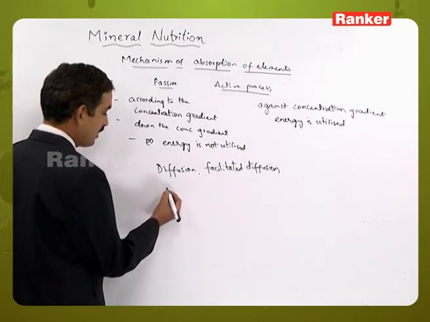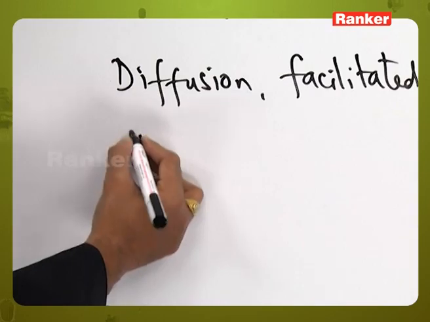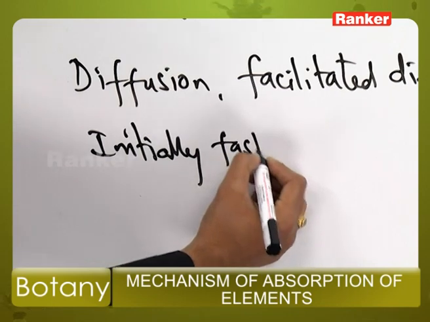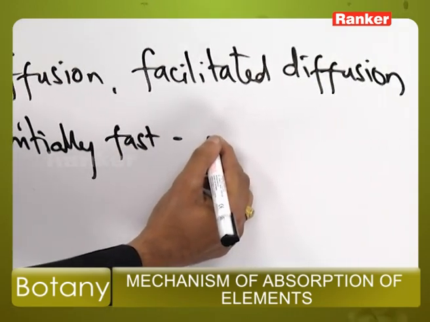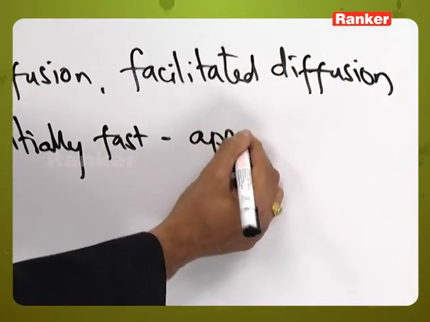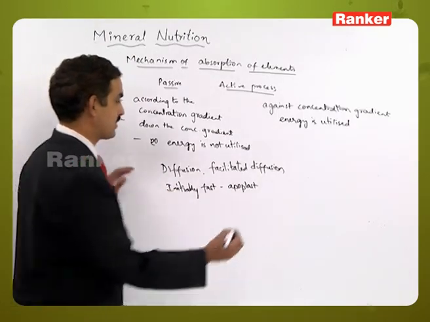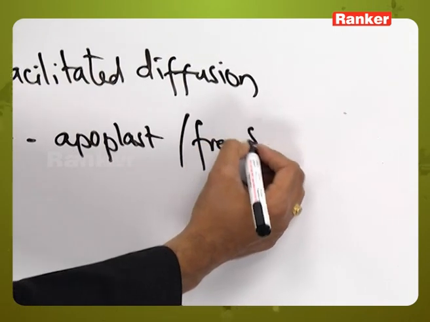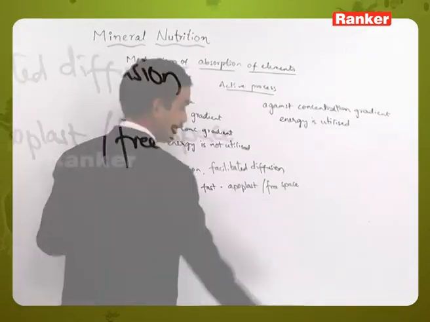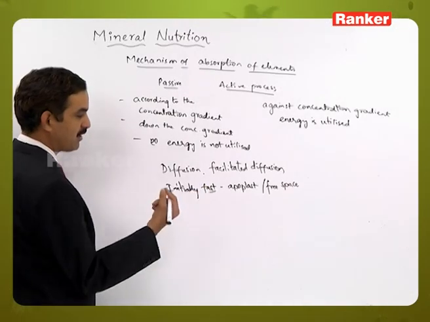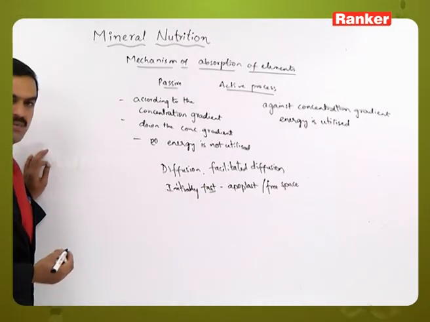In this process the movement will initially be fast, that is in the apoplast, the free space. So initially the movement is fast because of the apoplast, or the free space.